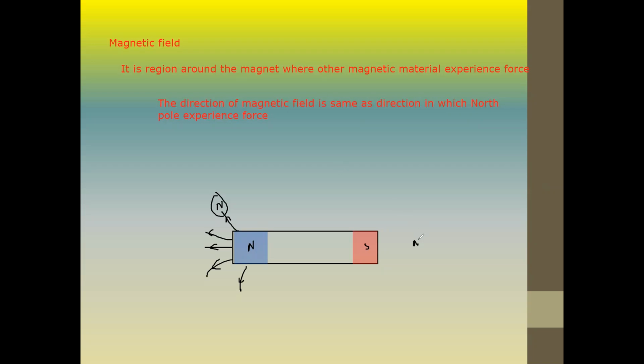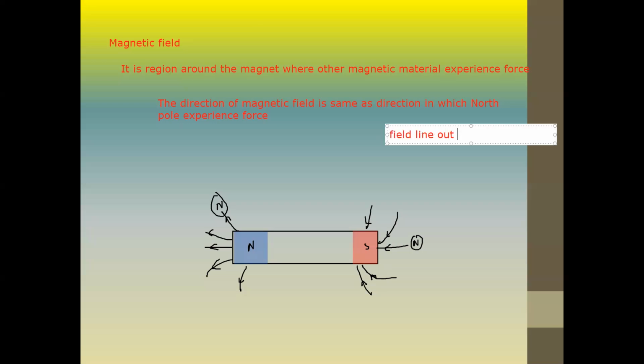But if I place a North Pole near the South Pole, it will attract, so it will move towards. So the direction of the magnetic field lines is out from north and into south.